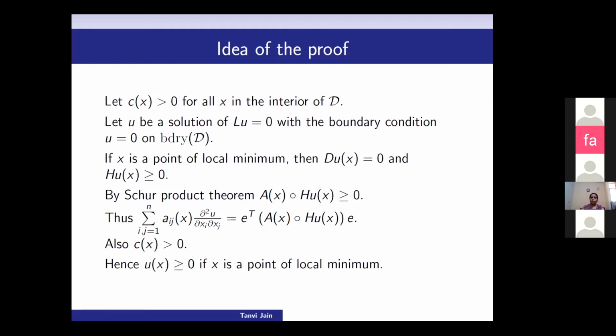The second term, because Du(x) is 0, is 0. And for the third term, C(x) is greater than 0. So the whole equation can be 0 if and only if u is greater than or equal to 0. So if x is a point of local minimum, u(x) is greater than or equal to 0.